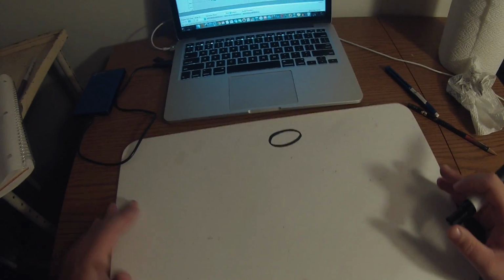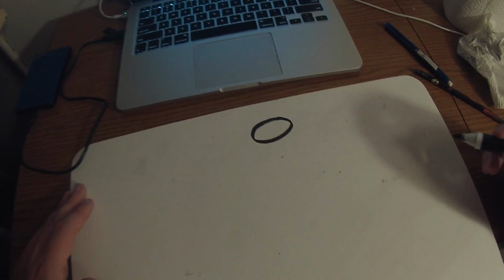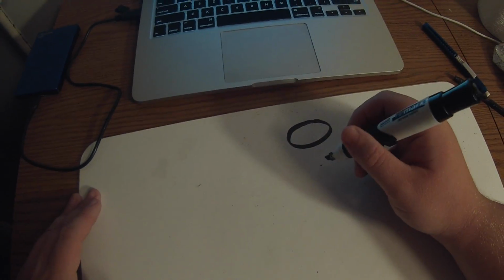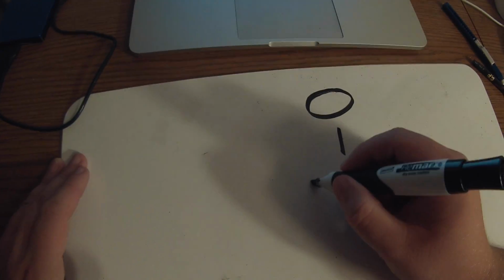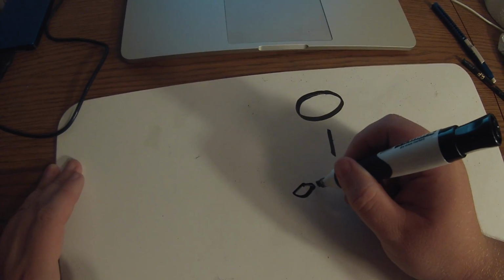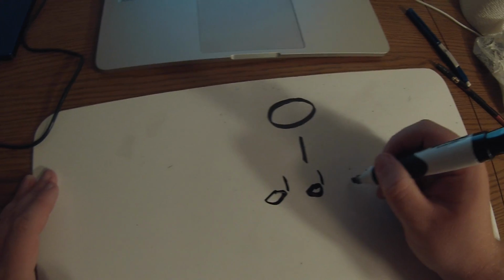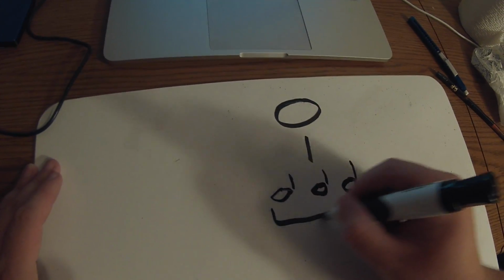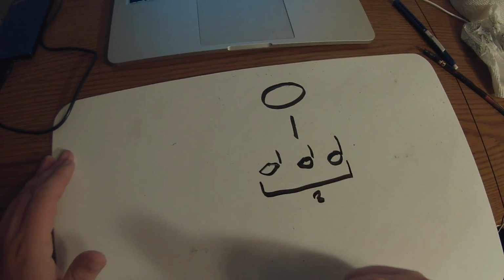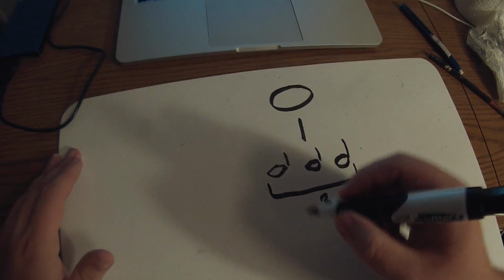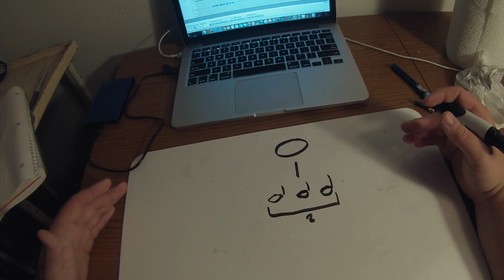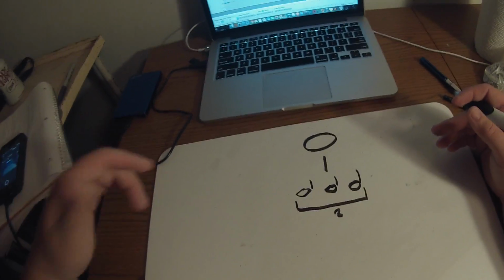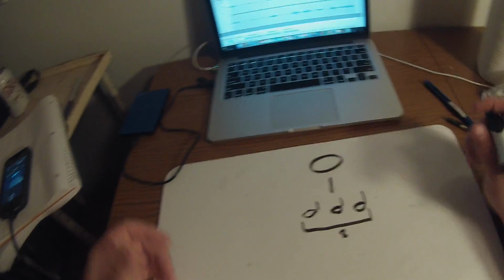So we can split a whole note into 3 half note triplets, and then a half note can be split into 3 quarter note triplets, so on and so forth.